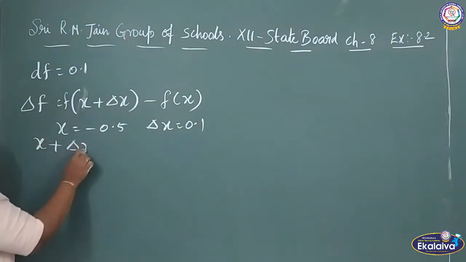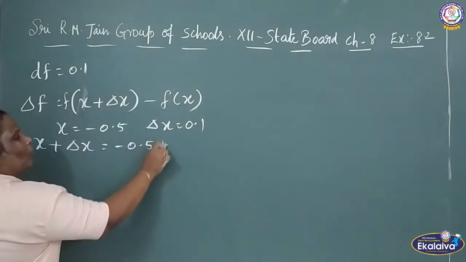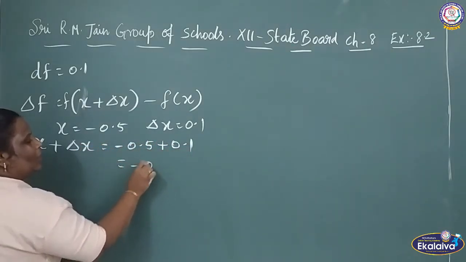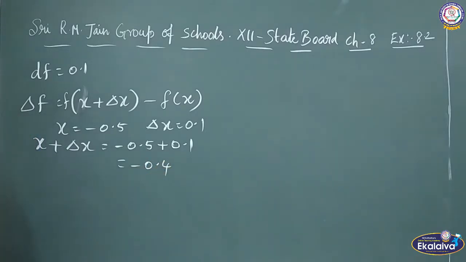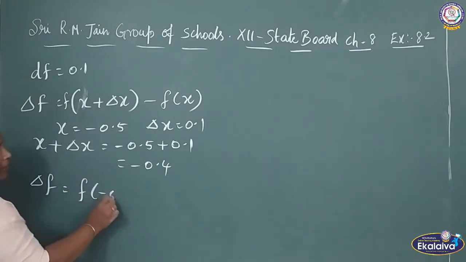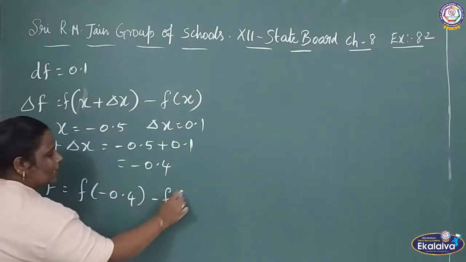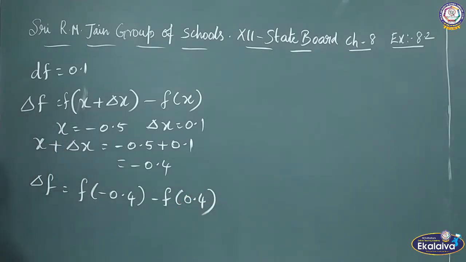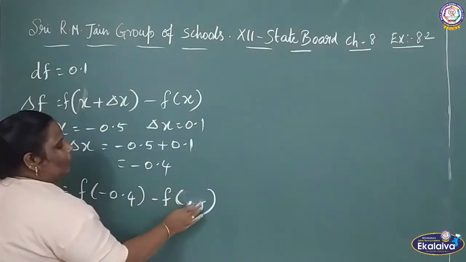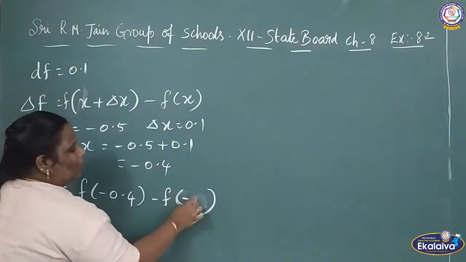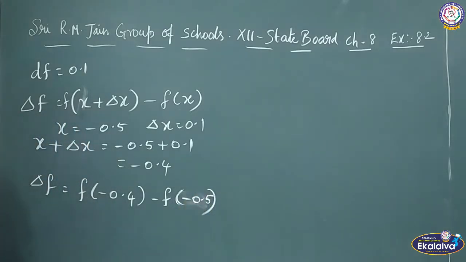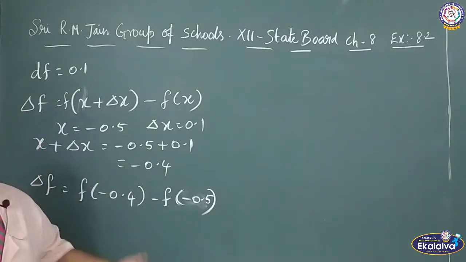X plus delta x equal to minus 0.5 plus 0.1 equal to minus 0.4. So, delta f equal to f of minus 0.4 minus f of what is that x value? X value is minus 0.5. So, you can substitute everything in the f of x.